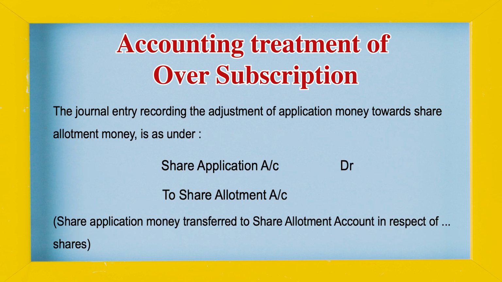The journal entry recording the adjustment of application money towards share allotment money is as under. Share application account debited to share allotment account. Narration is being share application money transferred to share allotment account in respect of number of shares at the rate given on applications.